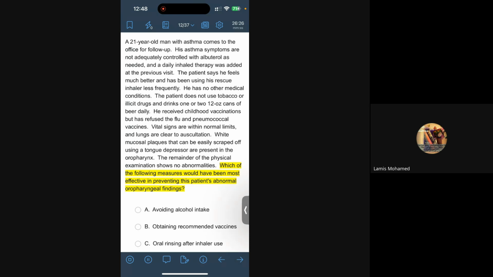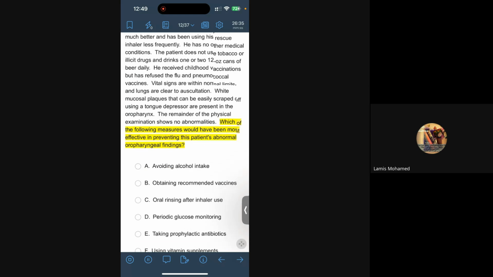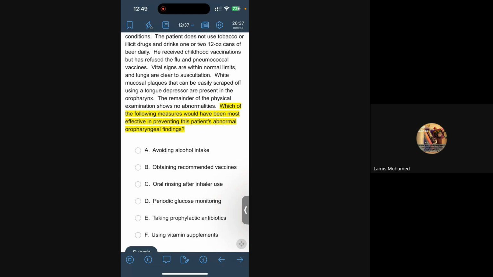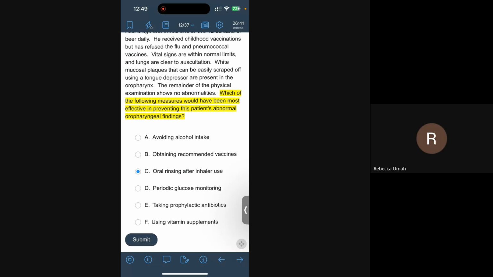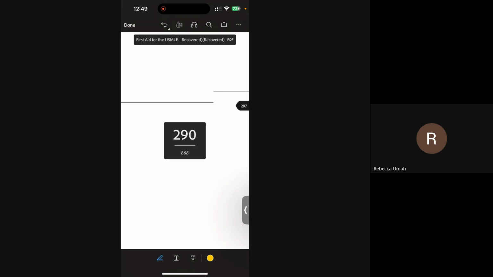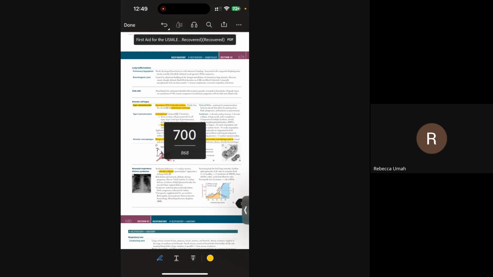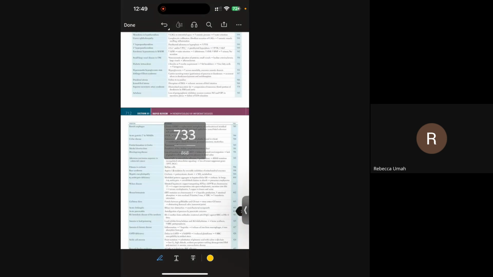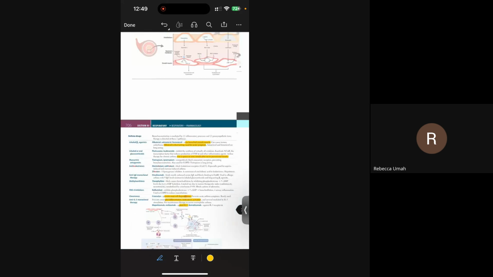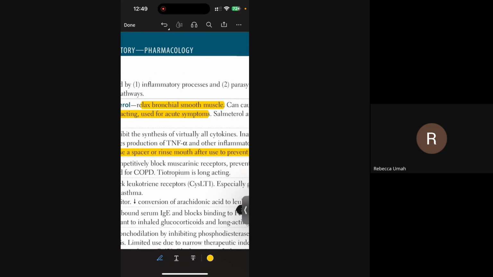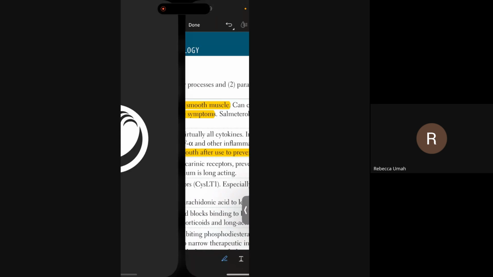Due to the local effects of the steroid, we are seeing oropharyngeal candidiasis. That can be prevented by using a spacer or oral rinsing after inhaler use. We have done this question before, but if someone does not remember, use a spacer or rinse the mouth after use to prevent oral thrush.